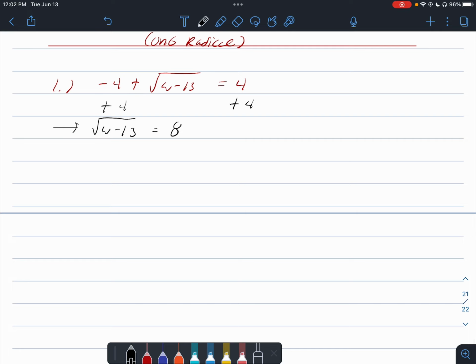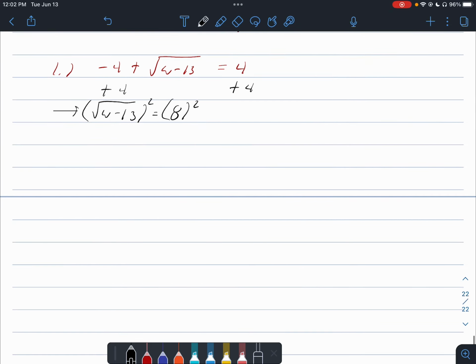Now what we do is we're actually just going to square both sides of this equation. What this does is it undoes the square root. If you have the square root of something and you square it, it will simply undo the radical sign. So doing that will give us w minus 13 is equal to 8 squared, or in this case, 64.